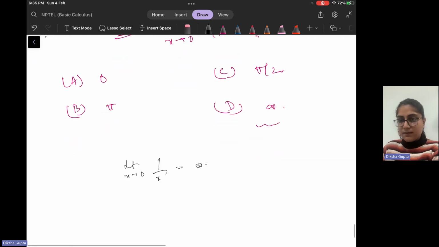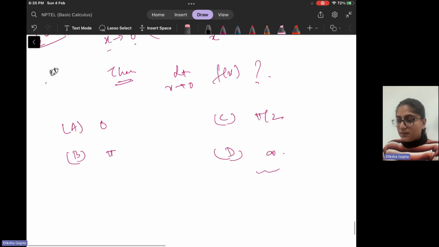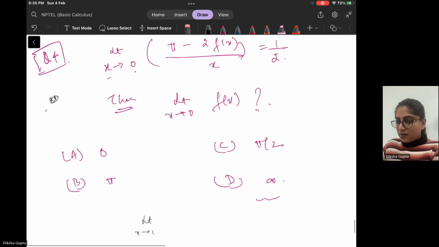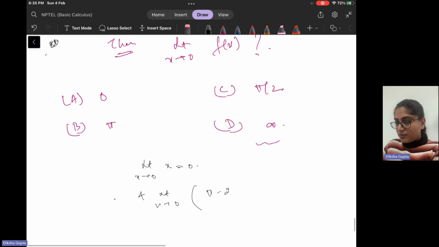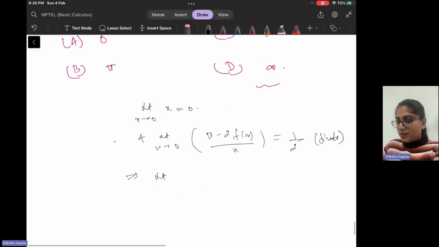So what conclusion do we have? That the limit of the denominator at 0 goes to 0, and the limit of the ratio (π − 2f(x))/x is 1/2, finite, implies that the limit of x tending to 0 of the numerator, π − 2f(x), is 0. This is the same as saying that limit x tending to 0, 1/x is infinity. This has also been covered in week 3. So this is 0.